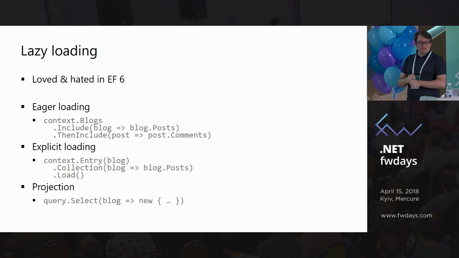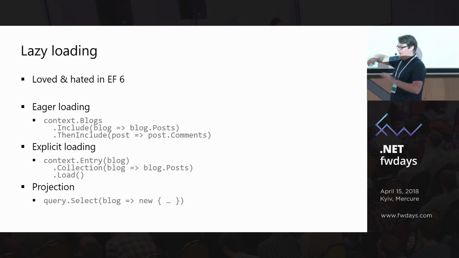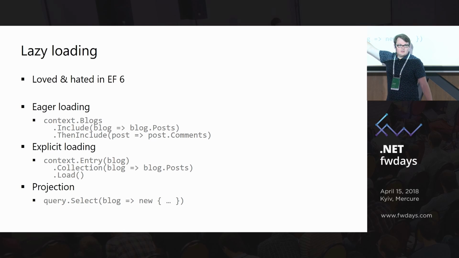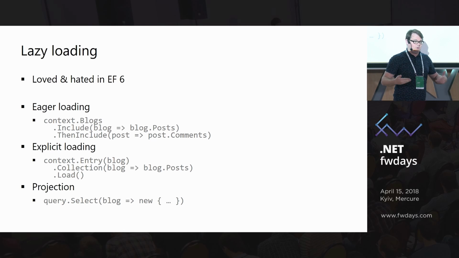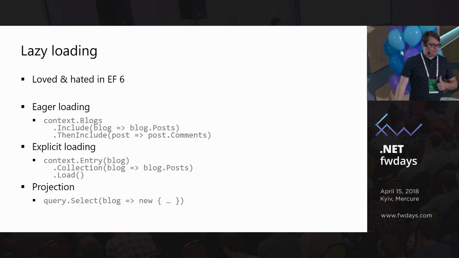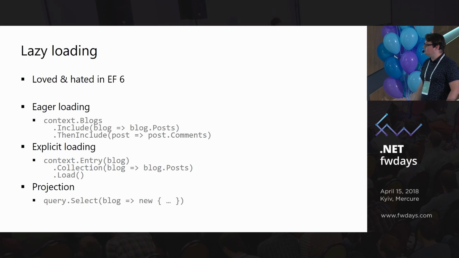And there was also explicit loading. When you loaded the blog entity using any method, you can say context.Entry, use Collection, and say Load. This is explicit loading, so this will load the collection when you call this command. You need to explicitly say, I want to load this.